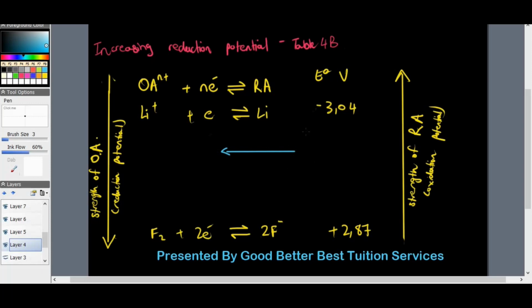If you read the table now like this, you have the oxidation half reaction. Then as you go down the table, eventually when you get to the more positive side, you now read the reduction half reaction.